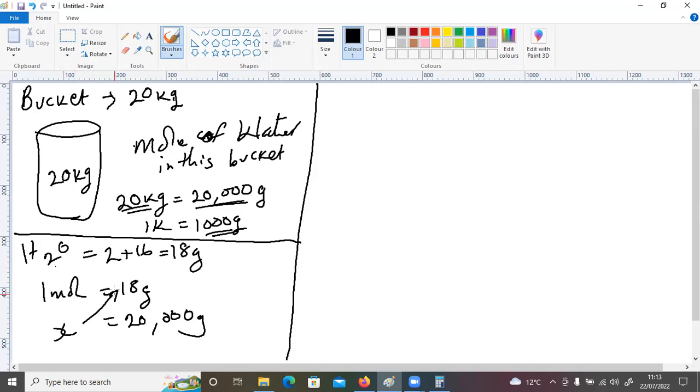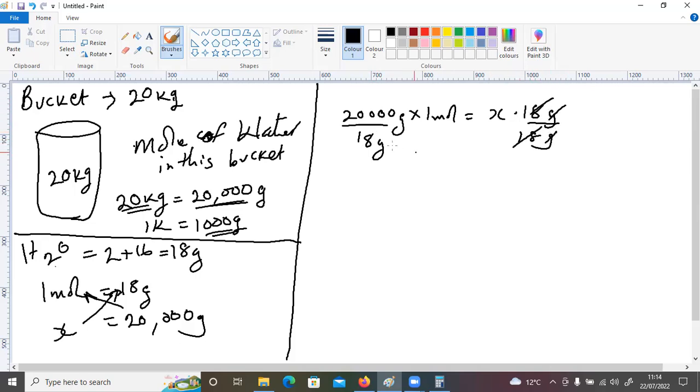I cross multiply: 20,000 g multiplied by 1 mole is equal to x multiplied by 18 g. I divide by 18 g, gram and gram go, so I'm left with 10,000 over 9.